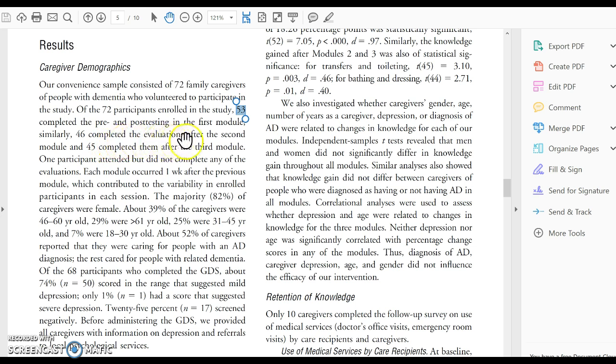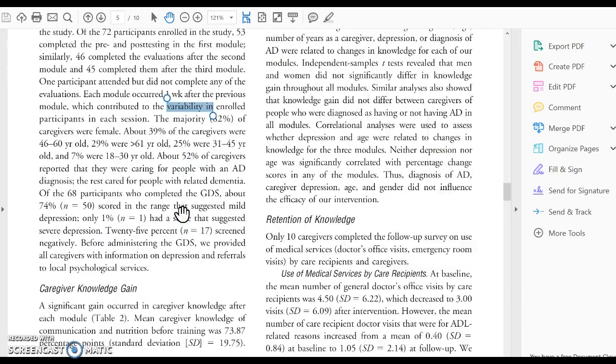Similarly, 46 completed the evaluations after the second module, and 45 completed them after the third module. One participant attended but did not complete any of the evaluations. And each module occurred 1 week after the previous module, which contributed to the variability in enrolled participants in the study. Interesting. Keep that in mind.